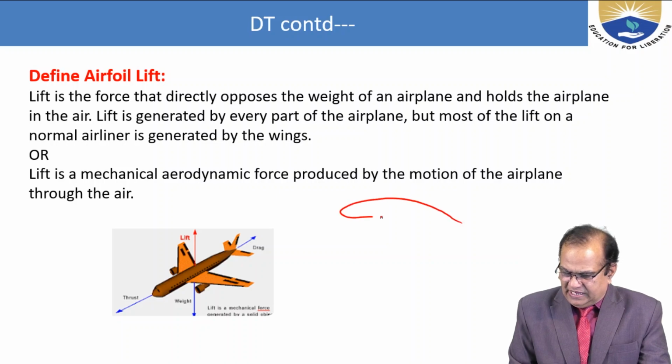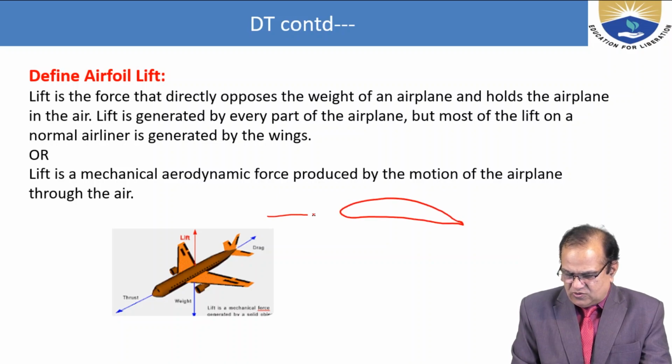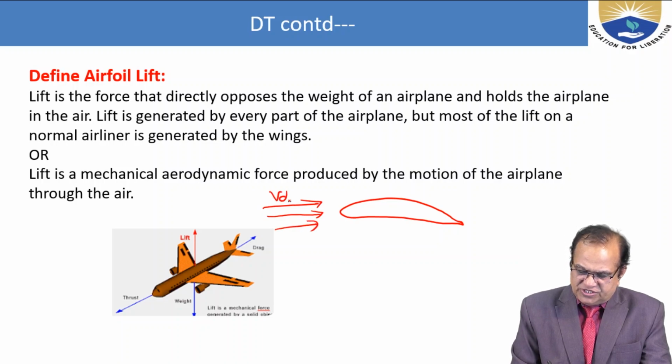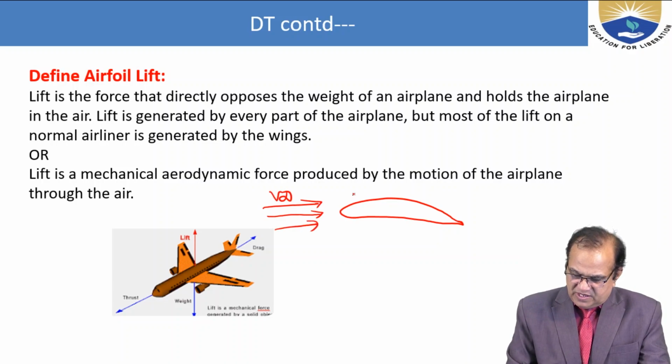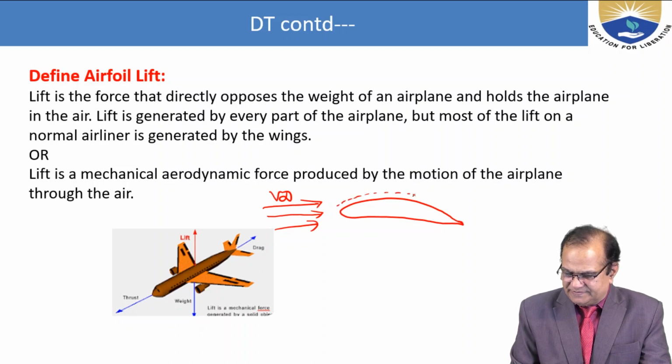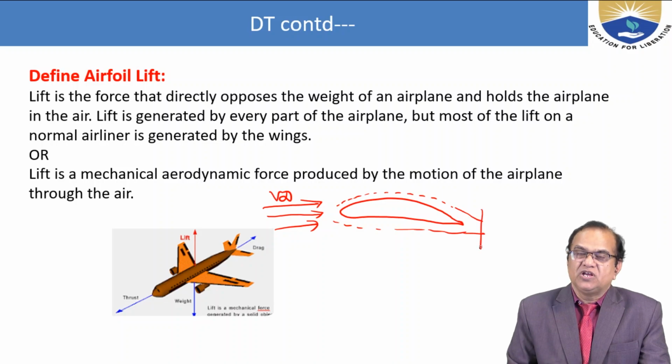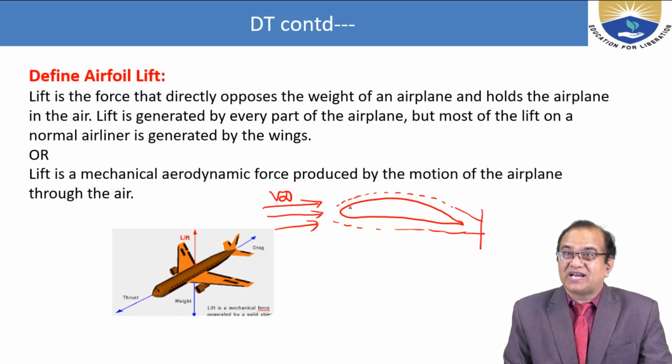So this is the airfoil, and this is the velocity of the wind. It will go like this, and here also it will go like this. If you see here, the upper surface, due to the curvature, covers more distance compared to the lower surface.